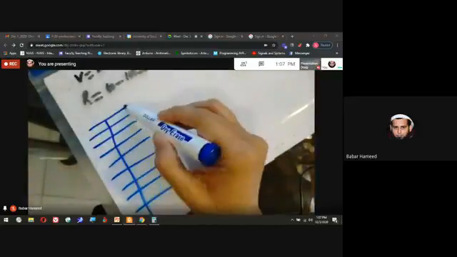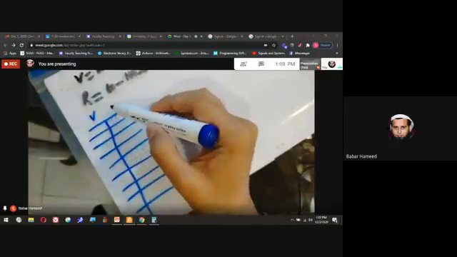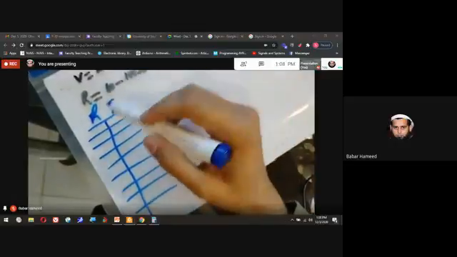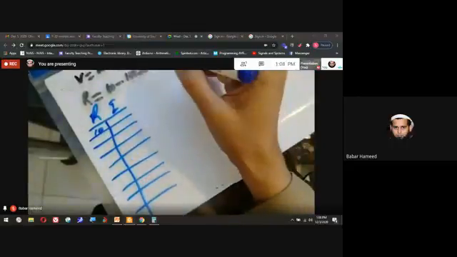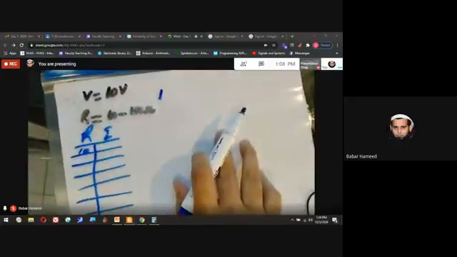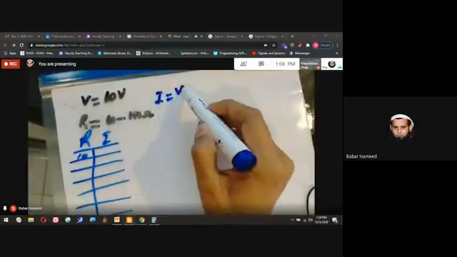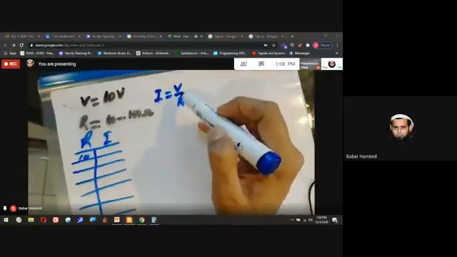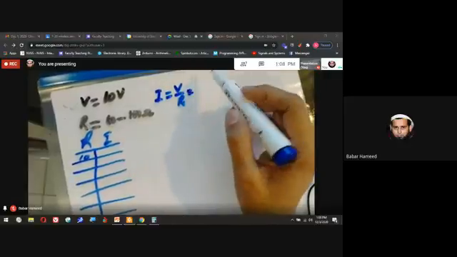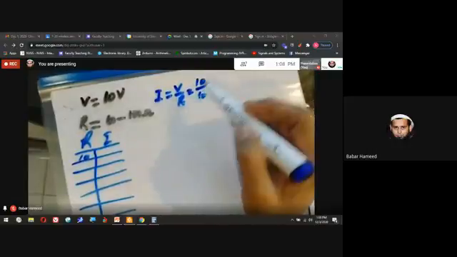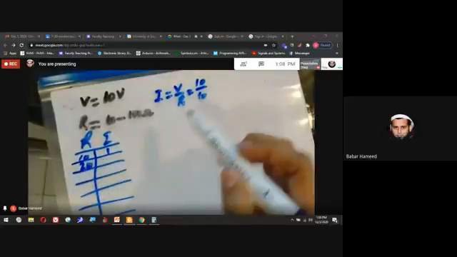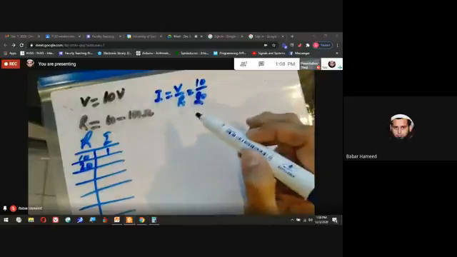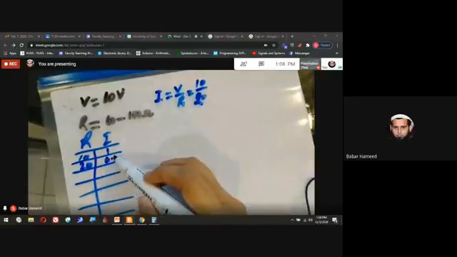So for V, R and I, because voltage is constant, if R is 10, then I is equal to V over R. Then what will happen? 10 over 10, 1. If resistance becomes double, it will become 20. 10 over 20, 0.5.